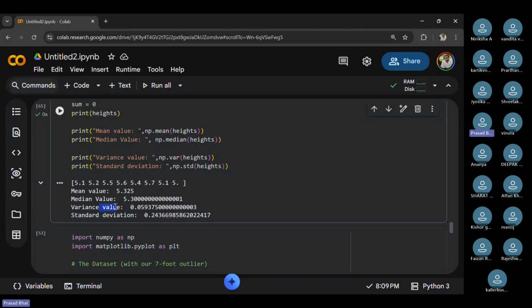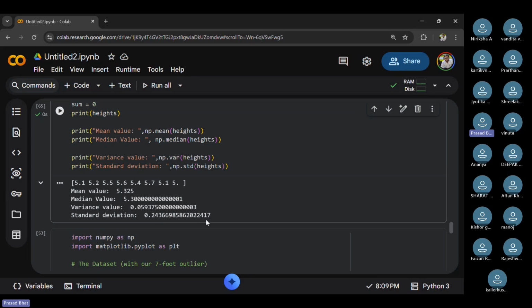So the variance value is supposed to be more compared to standard deviation, because taking the square root of variance gives me the standard deviation. What is the square root of 4? It is 2. So if the variance is 4, standard deviation is supposed to be 2, correct?